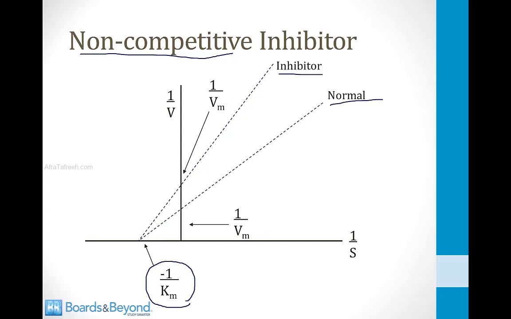Vmax, on the other hand, does change. It goes down when you add a non-competitive inhibitor. And this is the tricky part to remember, but when Vmax goes down, it means 1 over Vmax goes up. So the point where the curves cross the y-axis will rise when you add a non-competitive inhibitor. That's because Vmax has gone down and therefore 1 over Vmax has gone up.